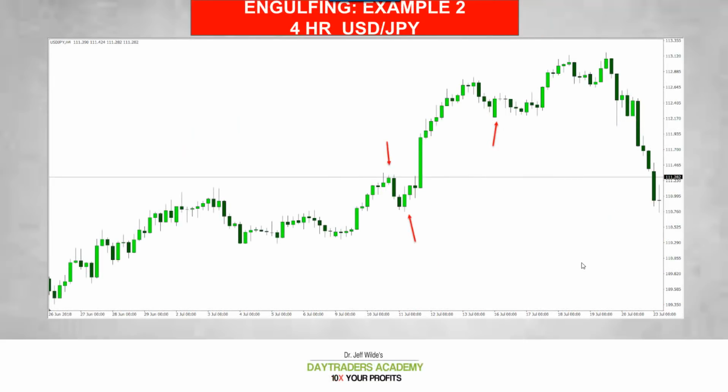This is a 4 hour USD Japanese yen chart. And I'm showing you some different variations because they're not all textbook patterns. I could give you a few image-based things or a few textbook patterns, but then you're going to miss out on a lot because there can be variations. The idea is to understand the concept.